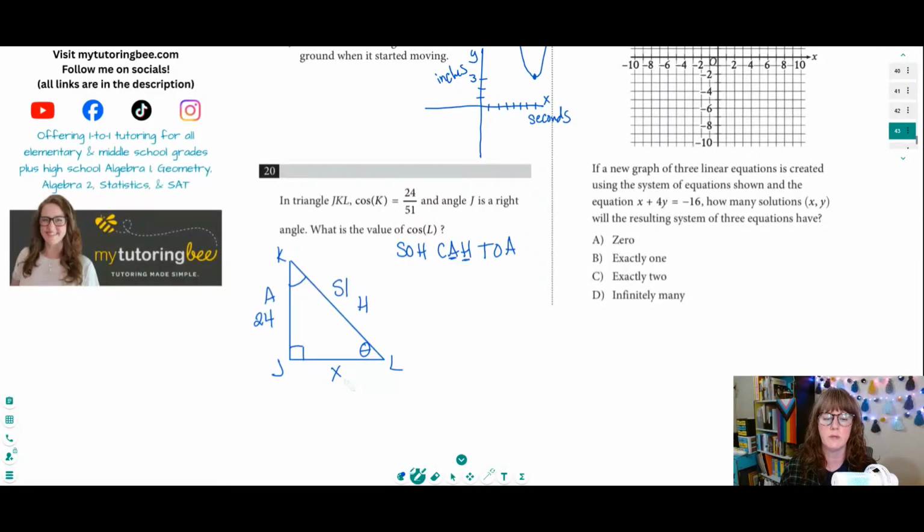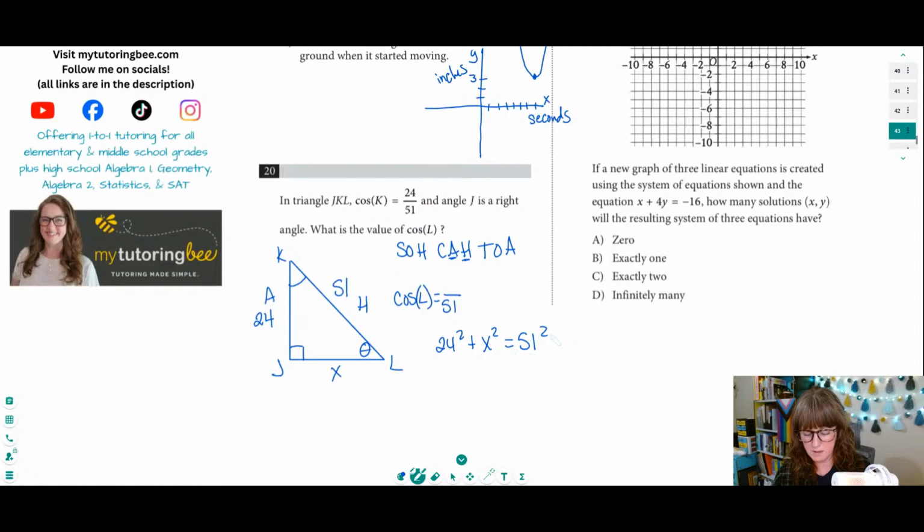We don't know this one yet. But because it's a right triangle, we can use the Pythagorean theorem to find this other side length. Whatever it is, the cosine of L is going to be whatever x is over 51, because it's still over the hypotenuse. 51 is still that second number we need. So let's use the Pythagorean theorem. We've got 24 squared plus x squared, or you could say b squared, equals 51 squared.